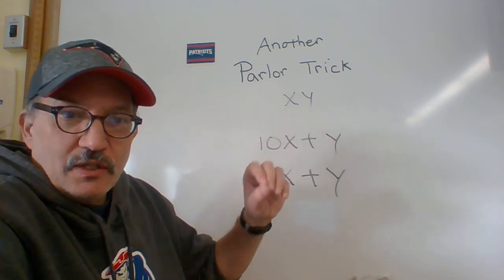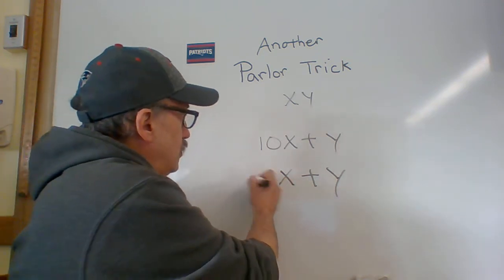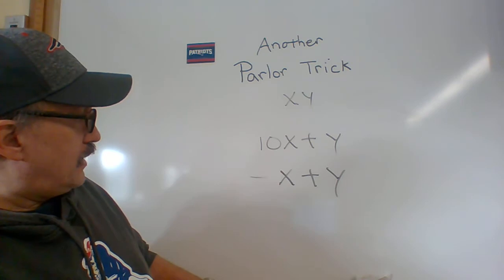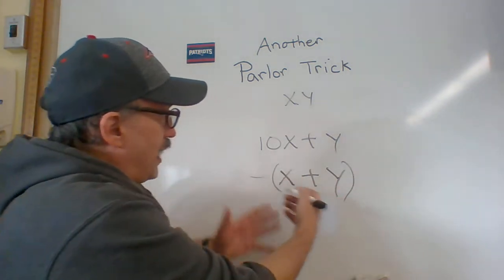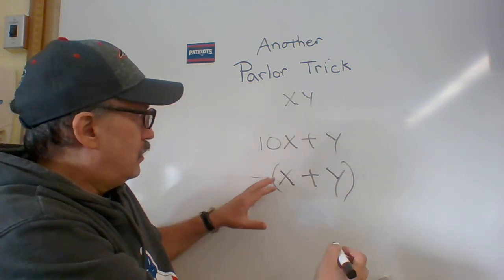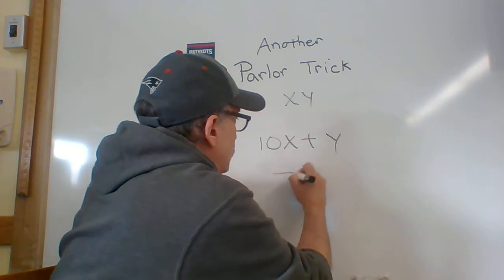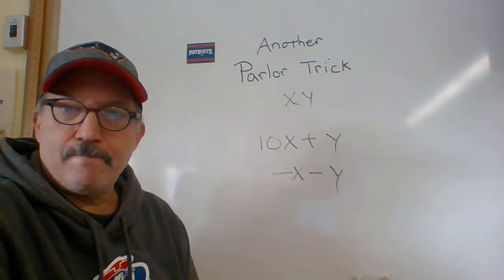You need to subtract both the x and the y. In other words, you can't just put a minus sign in front like that. The minus sign has to apply to both of them. In order to subtract x plus y from a number, you need to do minus x and minus y.